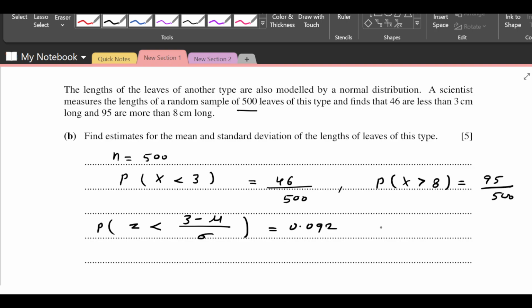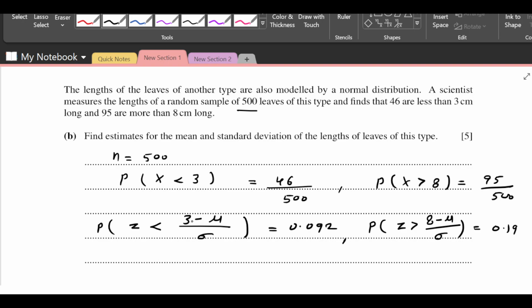And here the probability of z greater than (8 minus mu) divided by sigma is 0.19.